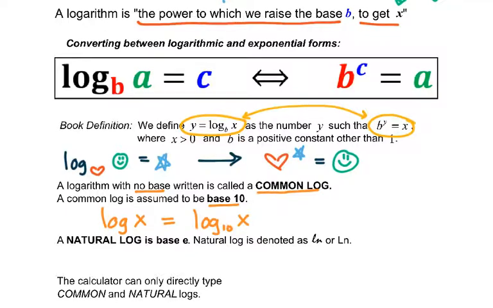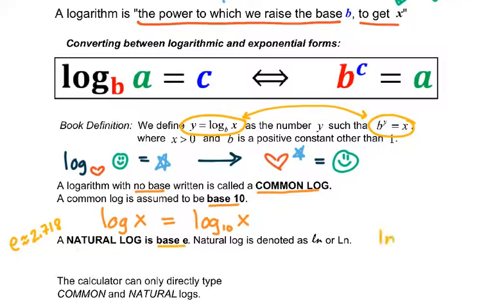And then natural log. Natural log is a special base as well. Natural log is base e. E is Euler's number. It's approximately 2.718. There's an E button on your calculator. We write ln with a cursive ln or a capital LN.